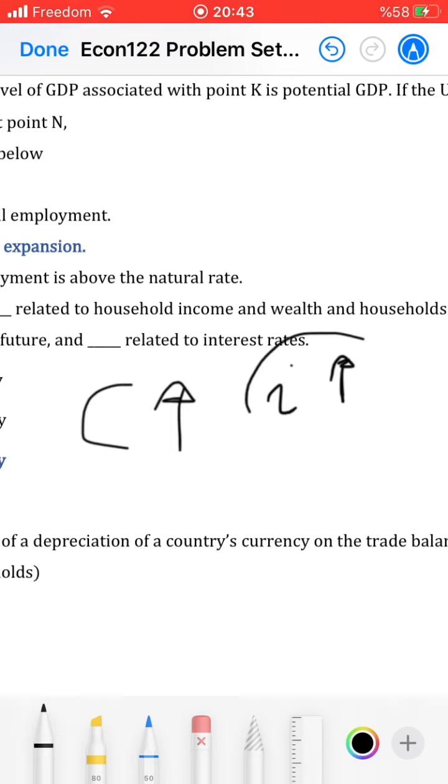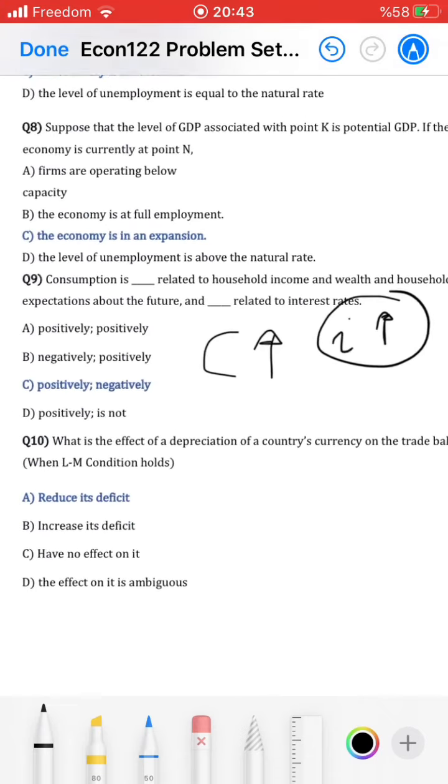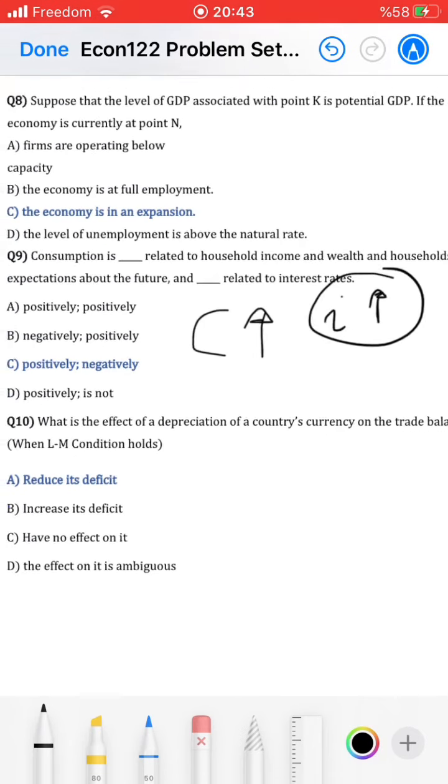So when interest rate increases, you would want to keep your money as savings and put it into the bank and earn interest, right? Because higher interest rate means higher opportunity cost of spending your money. You would be better off to put your money in the bank and not consume your money. So it is negatively related with increasing interest rates.